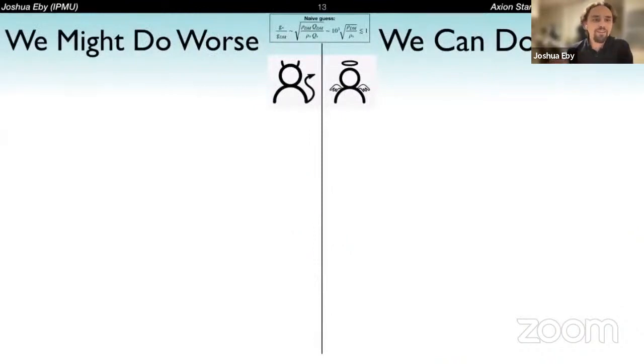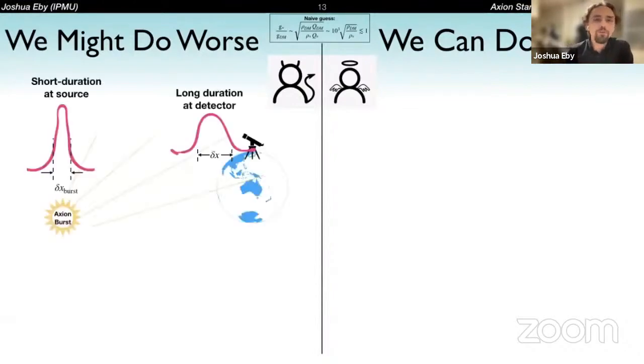Before I tell you why we still think it's interesting, let me tell you why it's even worse than I said. So what I told you was that the axion burst will be spread out over some intrinsic burst duration. It's actually worse than that because the momentum spread will actually grow as the wave travels in flight. If the axion burst is not right next to us, then just normal wave spreading will dilute the signal.